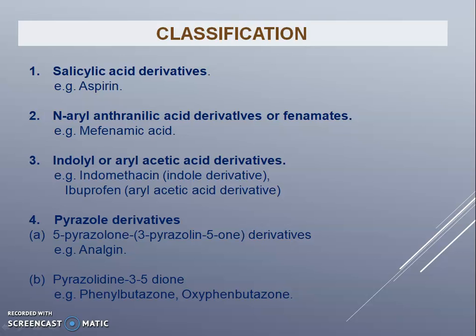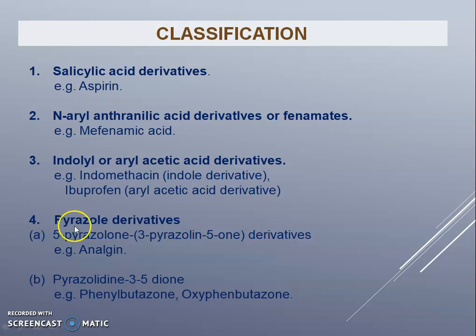It is broadly classified into salicylic acid derivative, for example aspirin. Then N-aryl anthranilic acid derivative or fenamates, for example mefenamic acid. Next class, indolyl or aryl acetic acid derivative, for example indomethacin, ibuprofen.